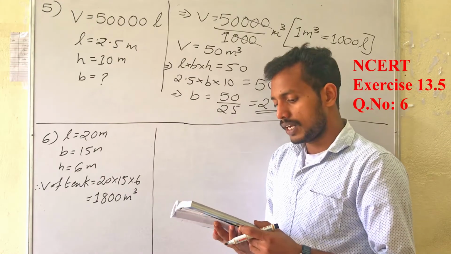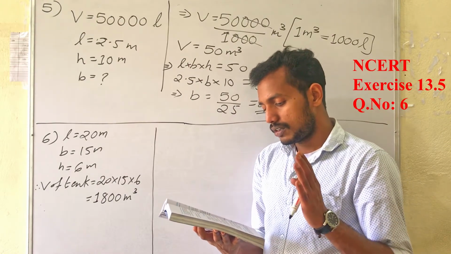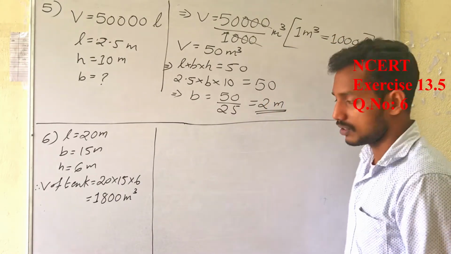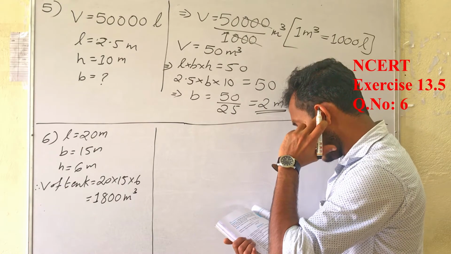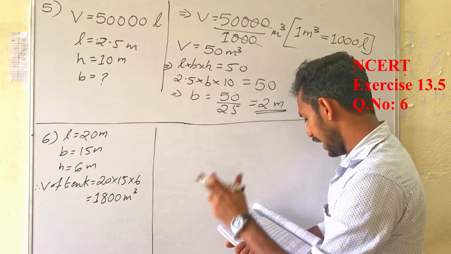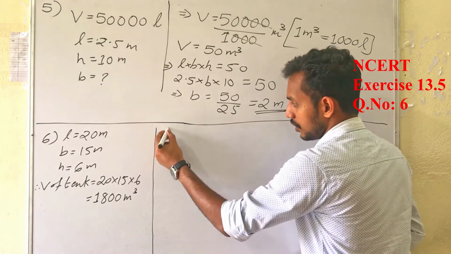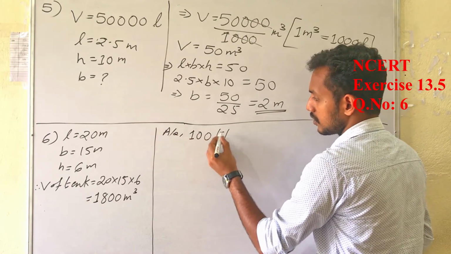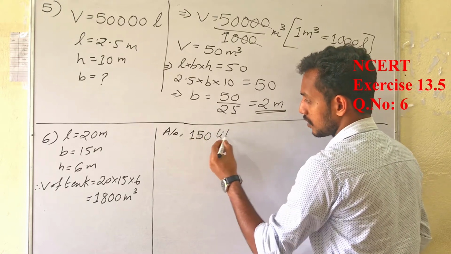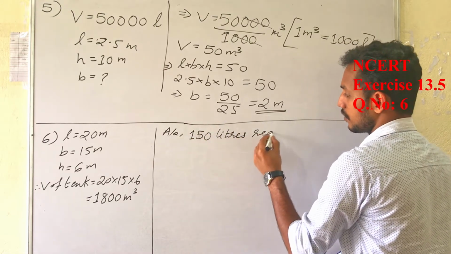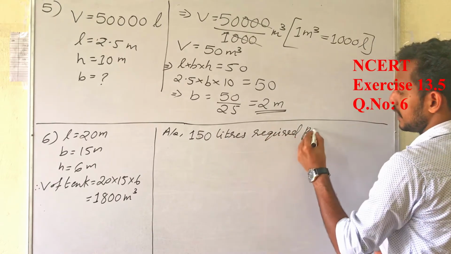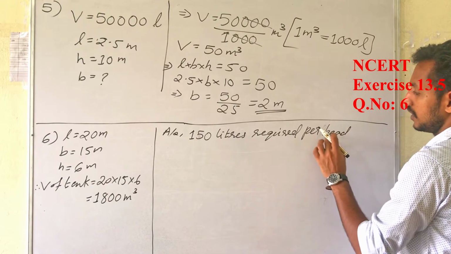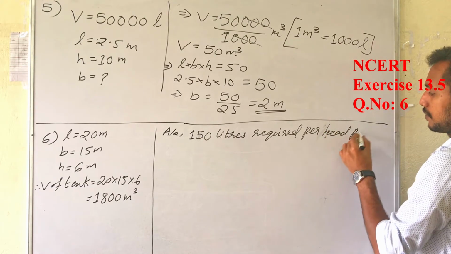Clear? A village having a population of 4,000, that means in a village the population is 4,000, and 150 liters is required per head per day. According to the question, 150 liters required per head per day.